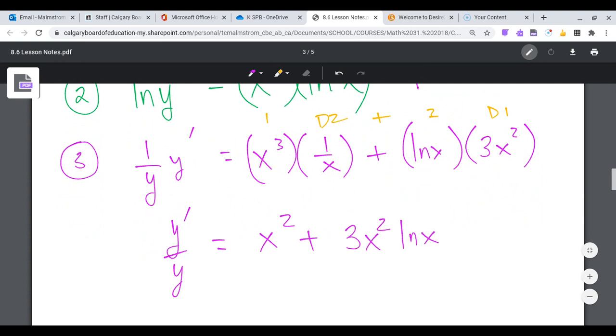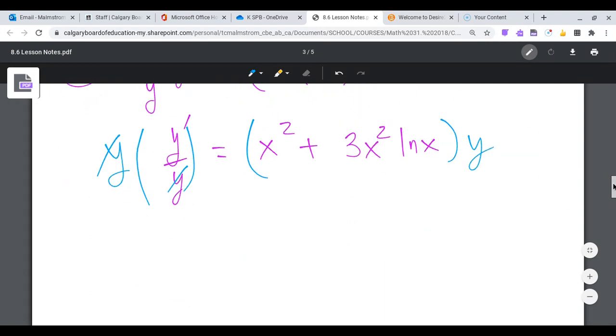Now we're going to multiply both sides by y and replace the y. So step 4, what do we have here? We have therefore y prime is equal to, what was y?